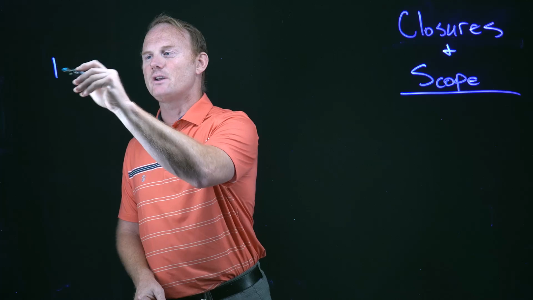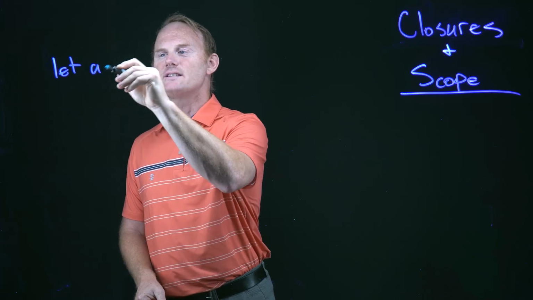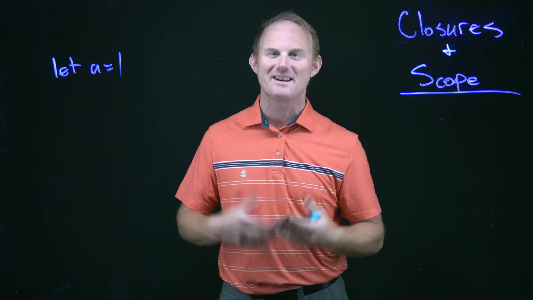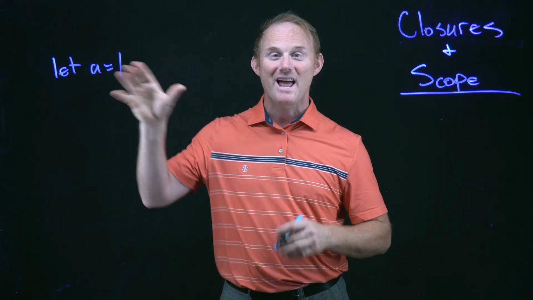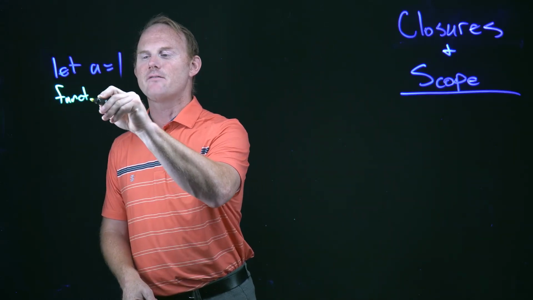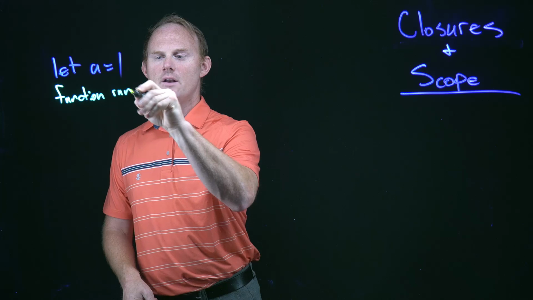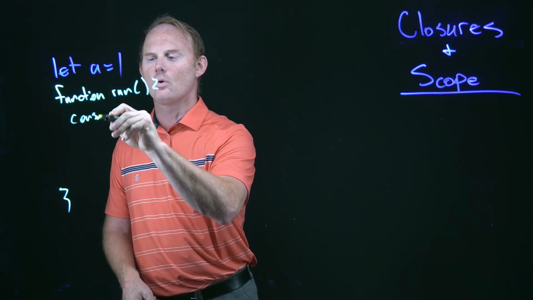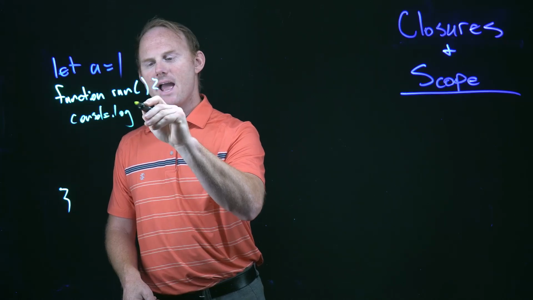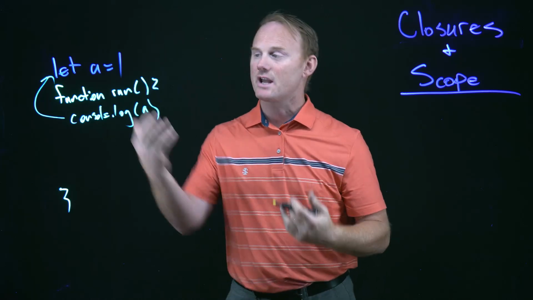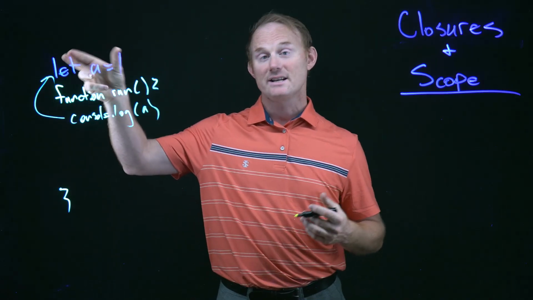Scope is essentially what or who can see a given variable. There's lots of fancy ways to describe it, but that is a simple way to think about it. Let a equals 1. If right below that we have a function, I'm going to call it run, open, close. Inside here, we can console.log a, and that will work just fine because a function can always see what is in the global scope.